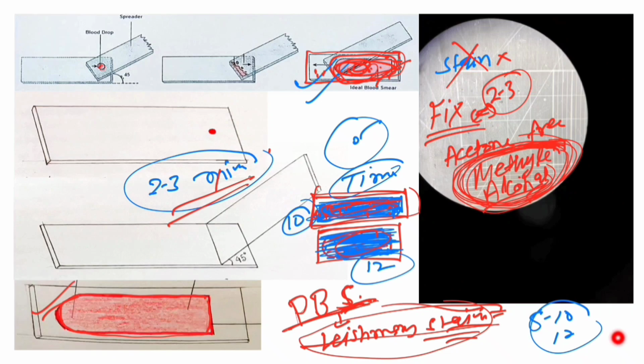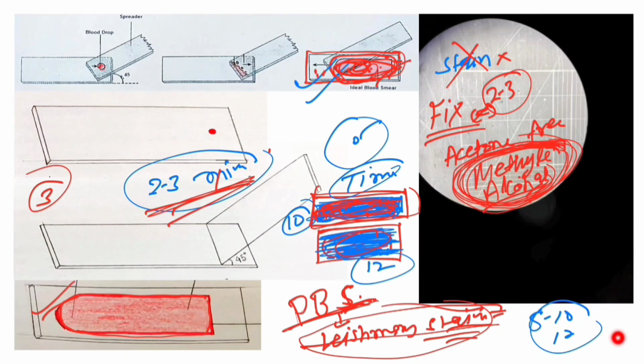Even though they are present in the Leishman stain and you have covered the blood film with it, it is not going to stain the cell or its components, but only fix the cell in the first 2 to 3 minutes. Clear? So the first 2 to 3 minutes is fixation time and not staining time. Suppose now the 3 minutes are over after adding the Leishman stain.